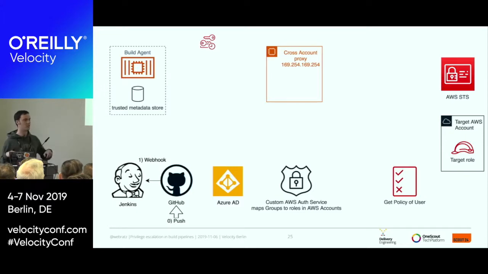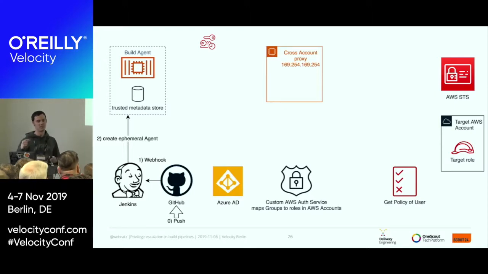And starts an agent. So we don't have any static agents. We spin up on an ECS cluster a container per build step even. So we are creating an agent for exactly that job now. Okay. So we are not only creating the agent, but also we are populating some additional metadata to this agent.